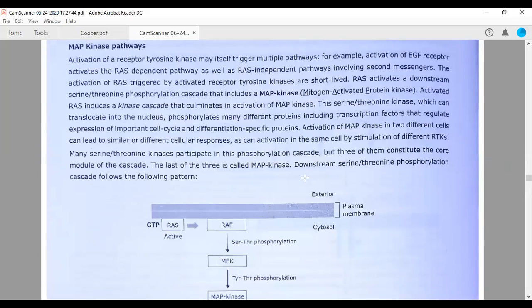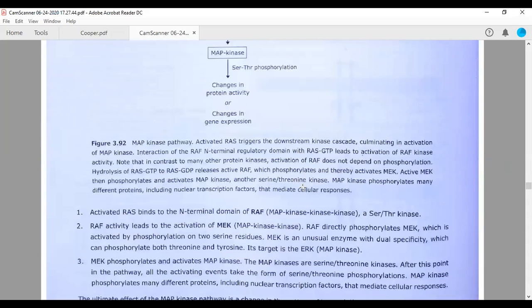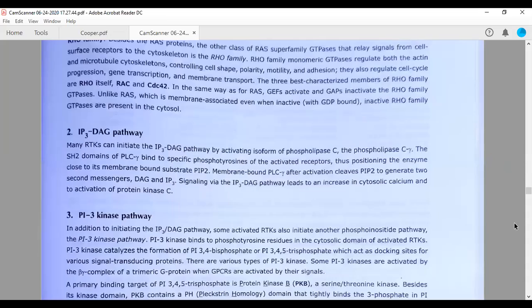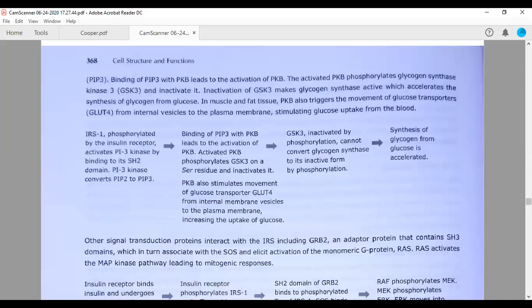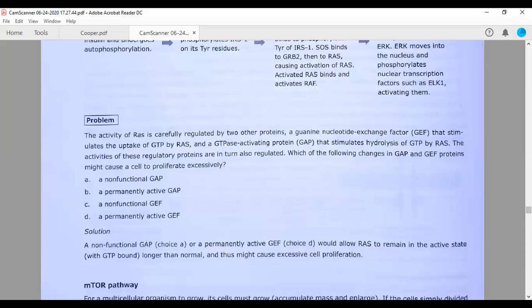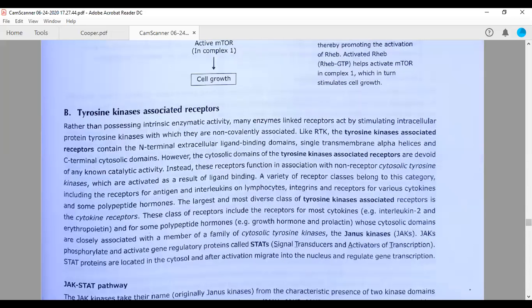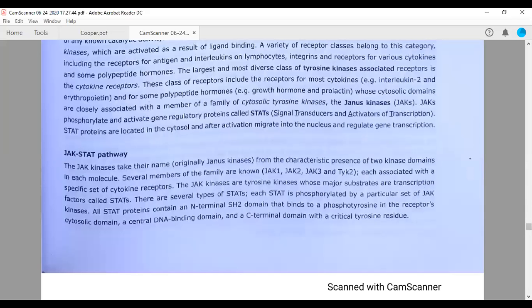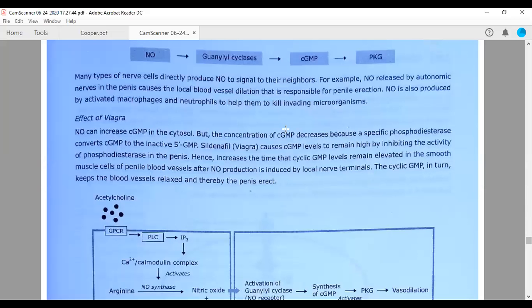And we will finish our discussion of the MAP kinase pathway. After MAP kinase, we will discuss this mTOR pathway and the JAK-STAT pathway, and some other pathways which are remaining in your book.